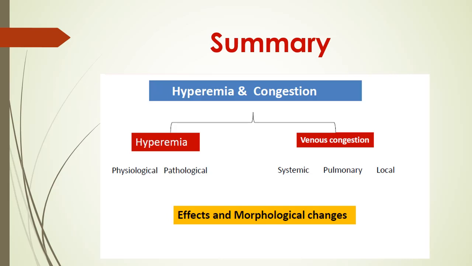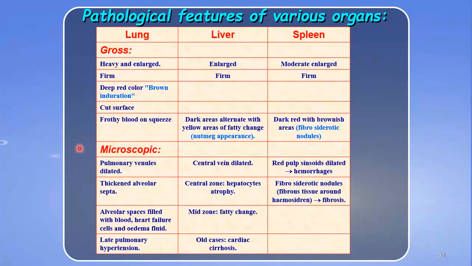And also we discussed in detail the effect and morphological changes of venous congestion on three different organs. This table summarizes the most important pathological features of venous congestion on three different organs: the lung, liver, and spleen. As regards the gross pictures, all the organs are enlarged and firm in consistency.